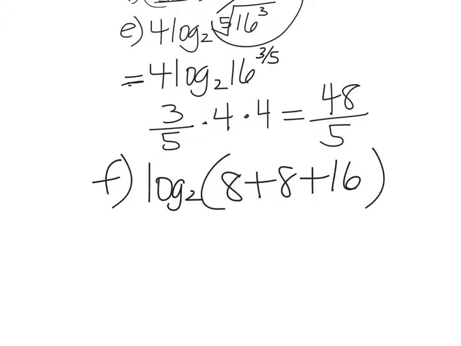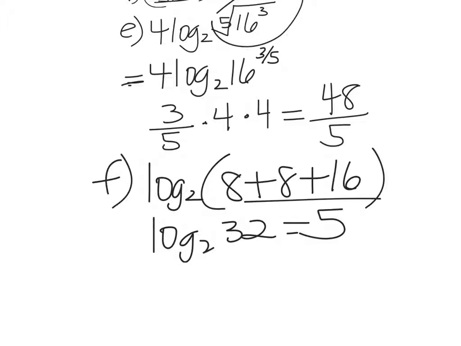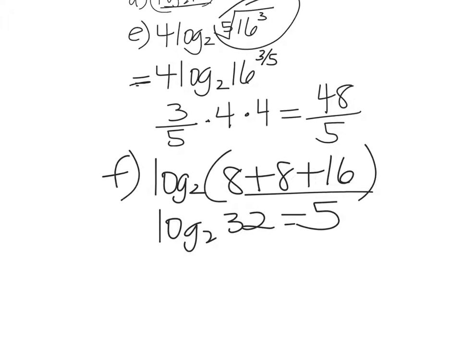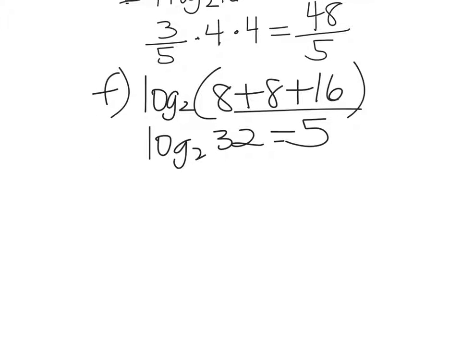What's 8 plus 8 plus 16? 32. What's log base 2 of 32? 5. So it might look strange to begin with, and some people think, oh, I'm going to have to distribute. No, just add 8 and 8 and 16. Simplify your expression before you do anything.